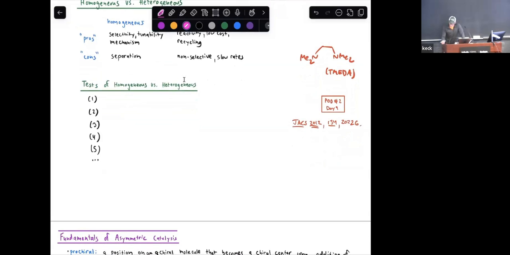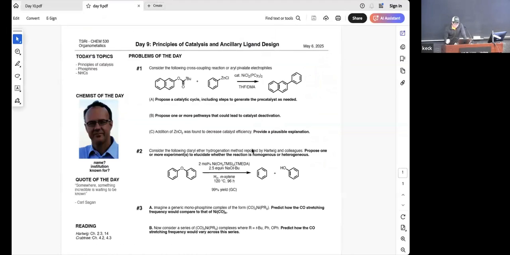Okay, this brings us to problem of the day, number 2 from last time's worksheet. I don't have the reaction scheme written out, so I'll just do a quick swap over in case you don't have that worksheet handy. We're going to talk about hydrogenation. This is a different type of hydrogenation than is most common.